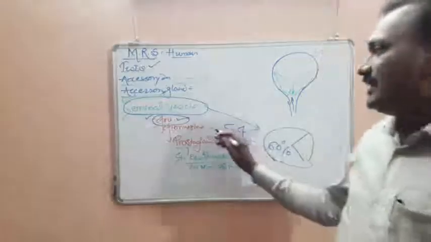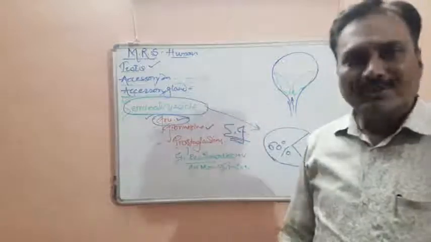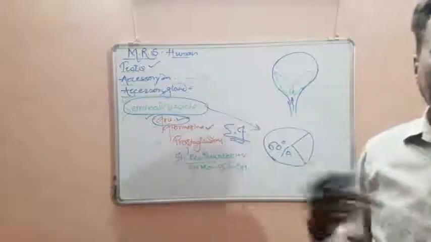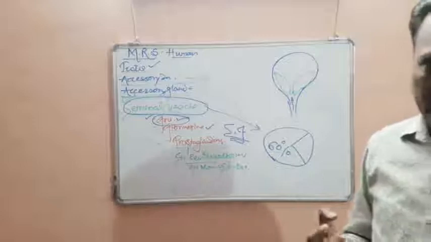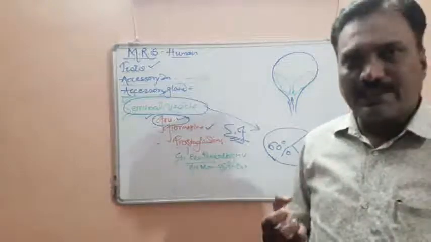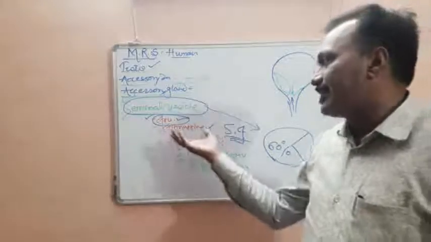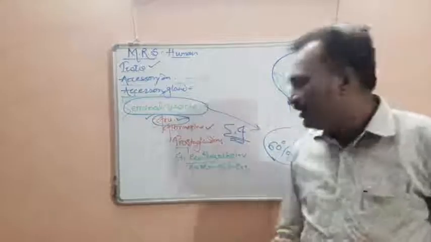And second, that is fibrinogen. As the word indicates, it coagulates the ejaculatory substance in the region of the vagina. That function is performed by fibrinogen.